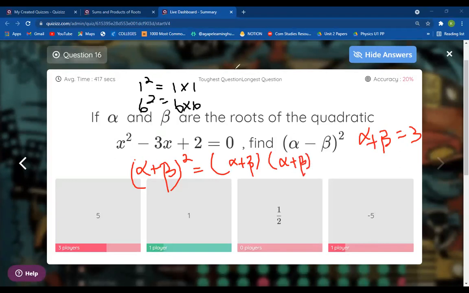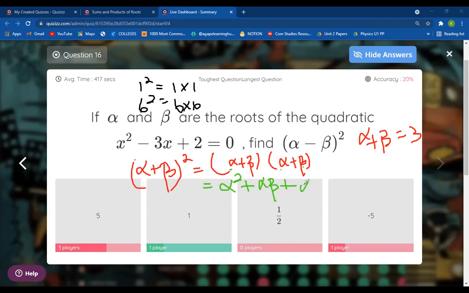Then you can use the distributive law to expand these brackets. So alpha times alpha is alpha squared, plus alpha times beta is alpha beta, plus beta times alpha is beta alpha or alpha beta.